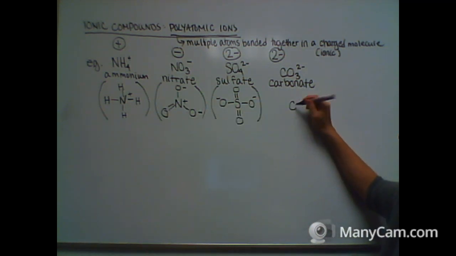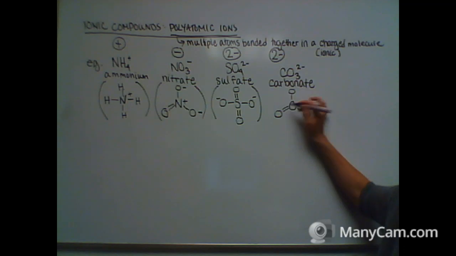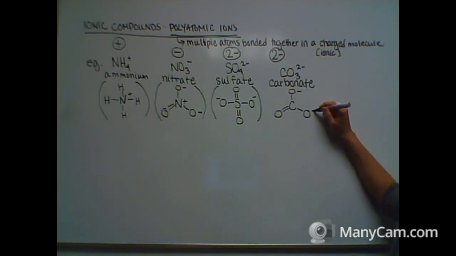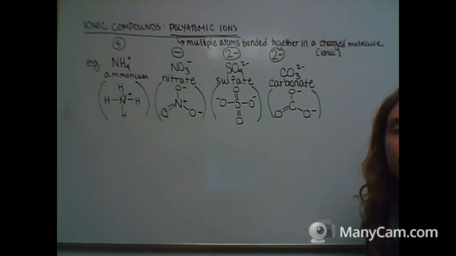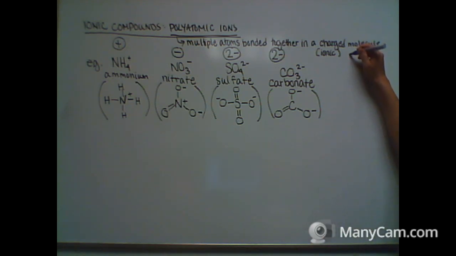It's got carbon in the middle with 3 oxygens bonded to the carbon. 1 double bond and 2 negative charges on each of those single bonded oxygens. All right, giving the overall charge of 2- for carbonate. A common 3- charge polyatomic ion is phosphate. PO4, 3-.